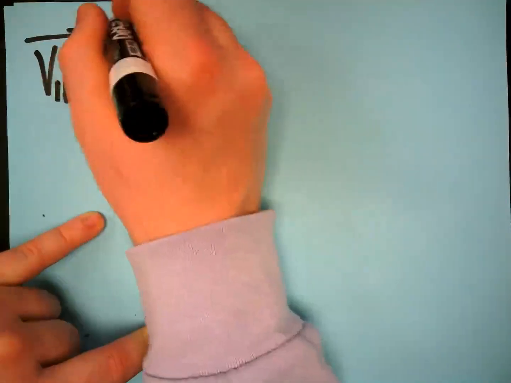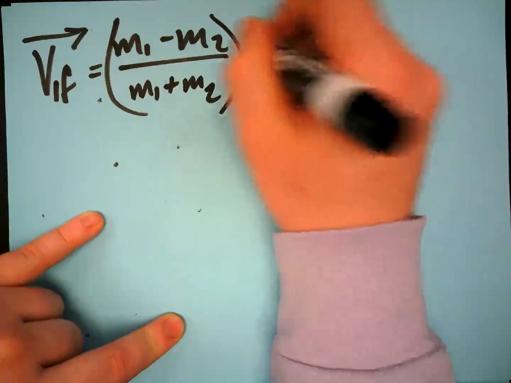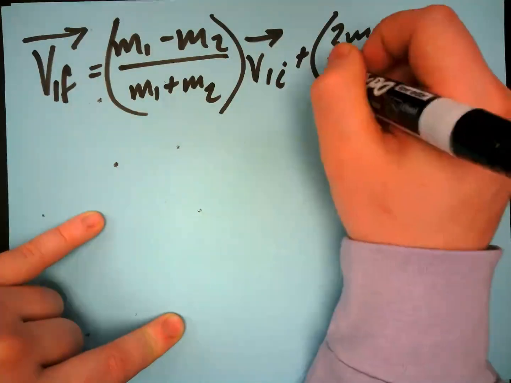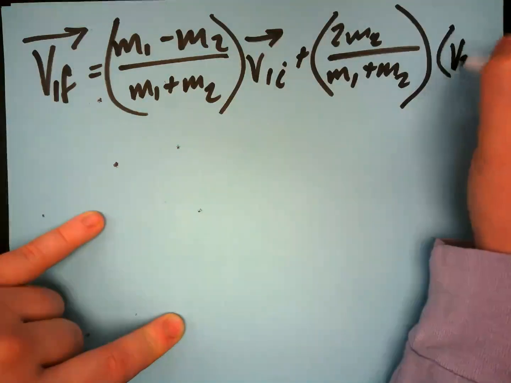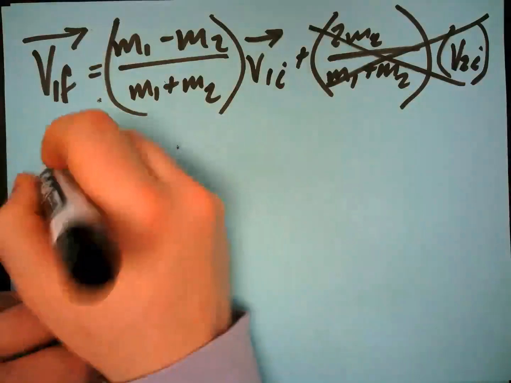Okay, we're going to use the two equations properly. V1F is equal to (M1 minus M2) over (M1 plus M2) times V1I, plus 2M2 over (M1 plus M2) times V2I, which we can ignore because the helium atom is at rest.